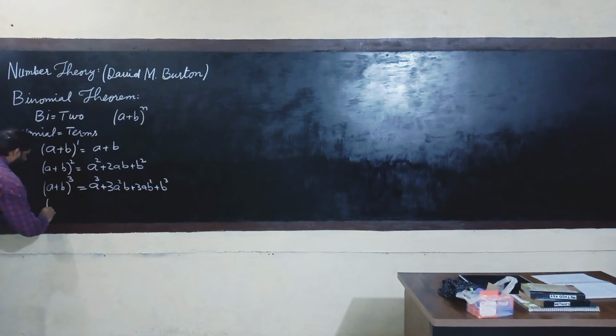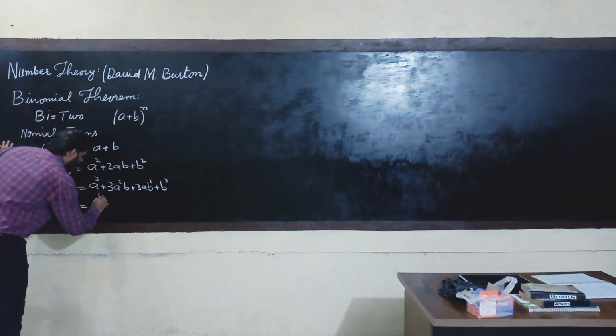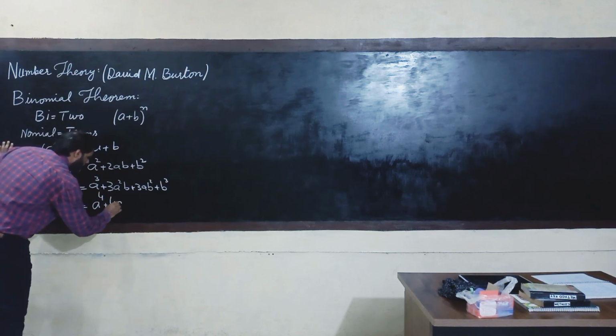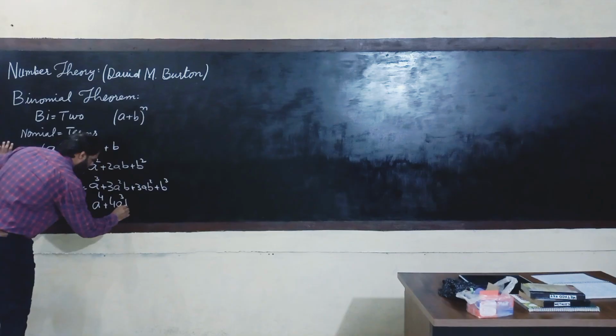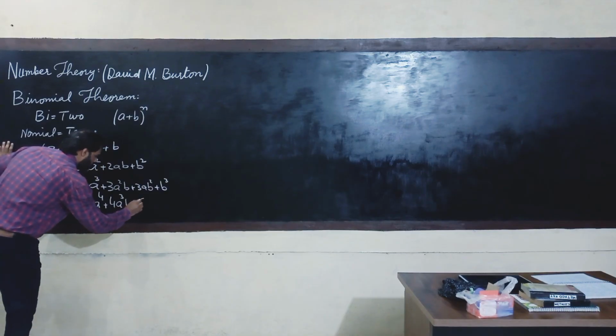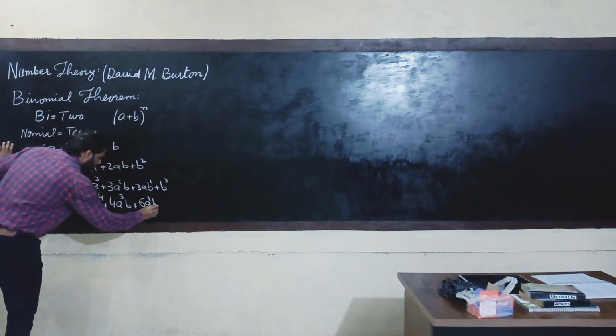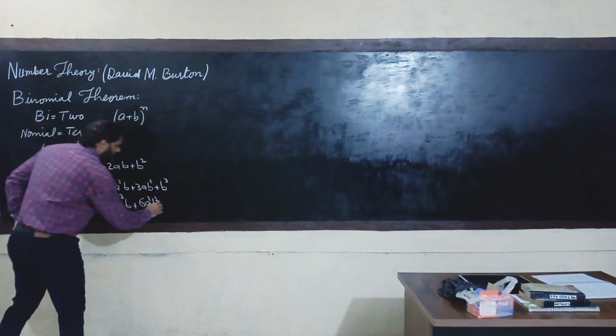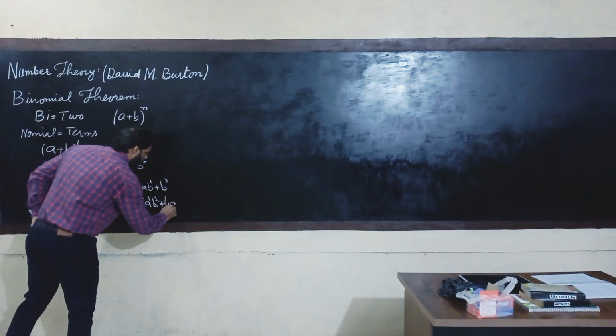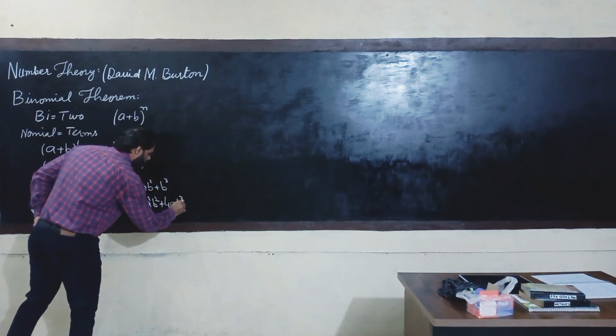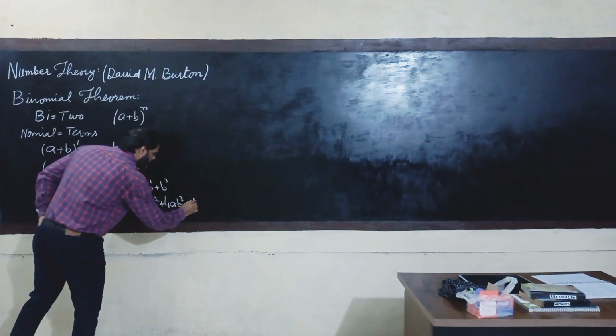And last one, the formula of (a + b)^4 is equal to a^4 + 4a^3b + 6a^2b^2 + 4ab^3 + b^4.